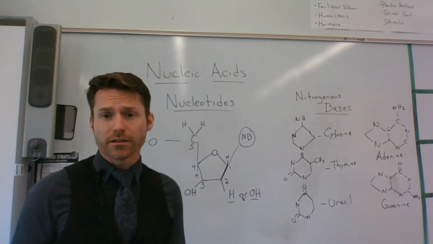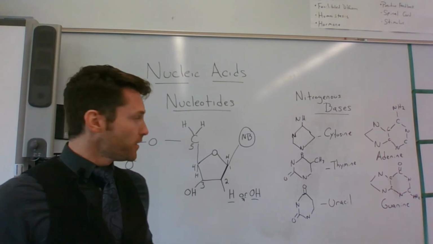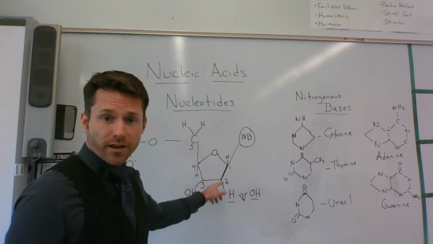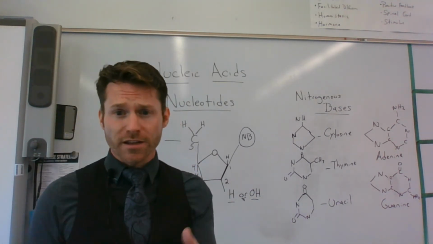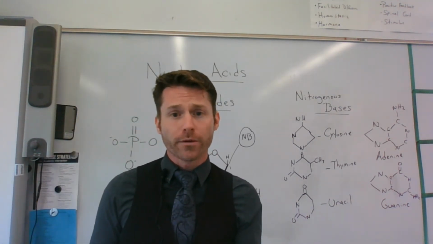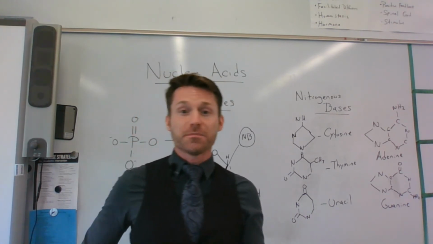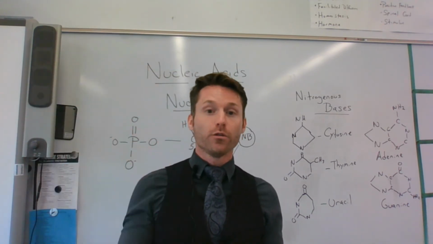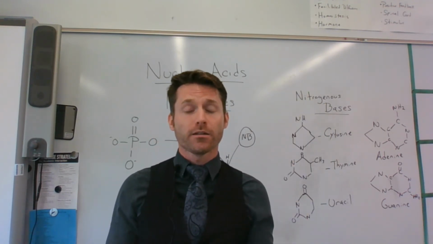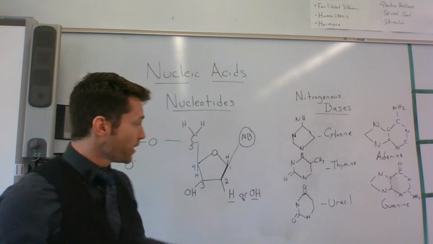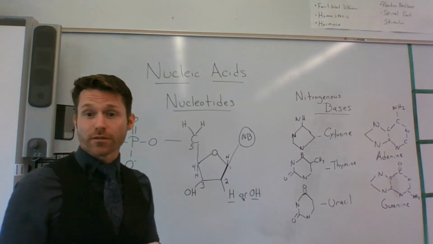Another slight detail that you should pay attention to is the numbering of the carbons. You may remember the strand sense from Bio 1, that is to say that DNA is marked from the 3' to 5' end, or the 5' to 3' end. Those numbers come from the position of the carbon.